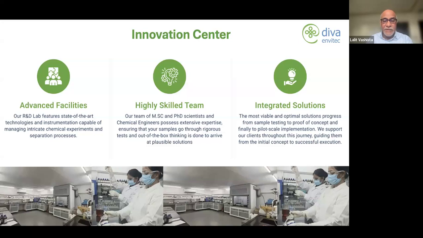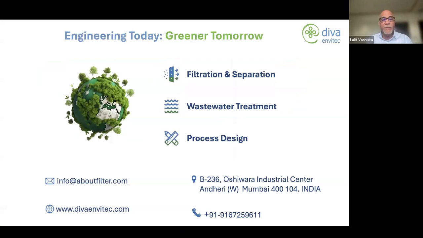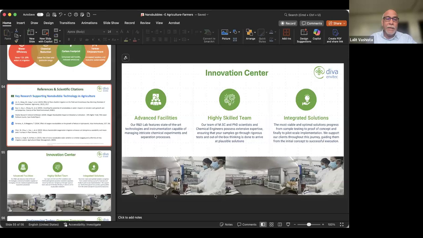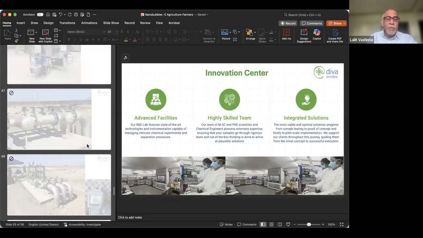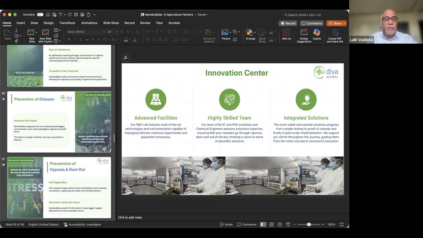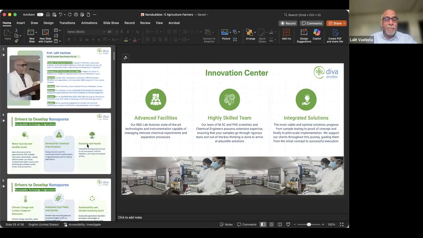And there is a separation science division, which totally takes care of industrial uses, basically. So these are the three divisions: filtration and separation, wastewater, process design, and agriculture is the nanobubbles for agriculture is what we are giving.